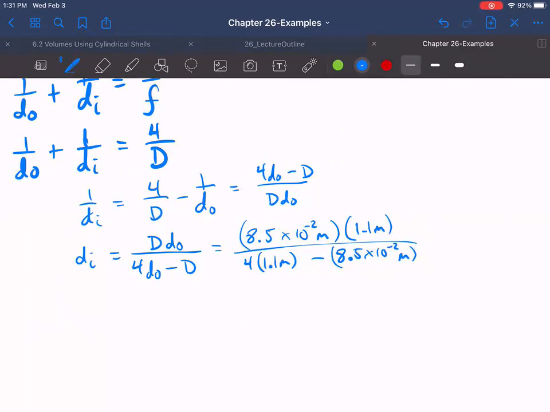I was going to say it should be about 2 times 10 to the negative 2. So what did you get? 0.022 what? Good. Meters. All right. So that's the image distance back on the back side of the mirror, which is the spherical ornament, right? So there we've got that.